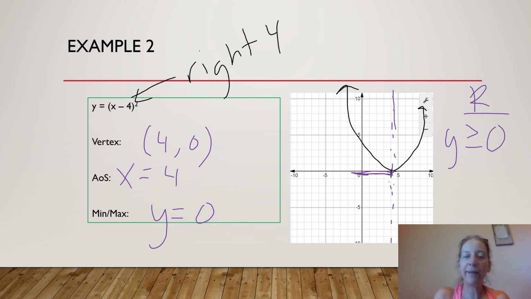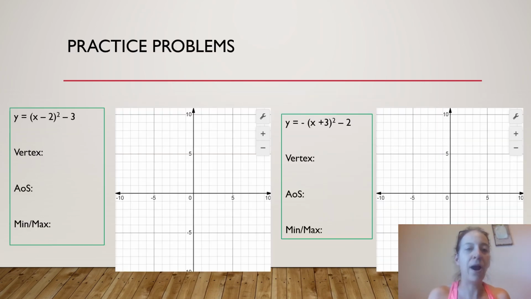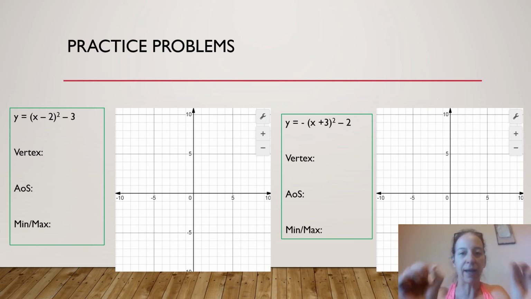So rewind if you need to hear the explanation again, or you need to write something supplemental down in your own notes. And when you're ready, move on to the 2 practice problems. And here they are. So pause the video, take some time, actually figure out what you would answer, sketch your little graph.